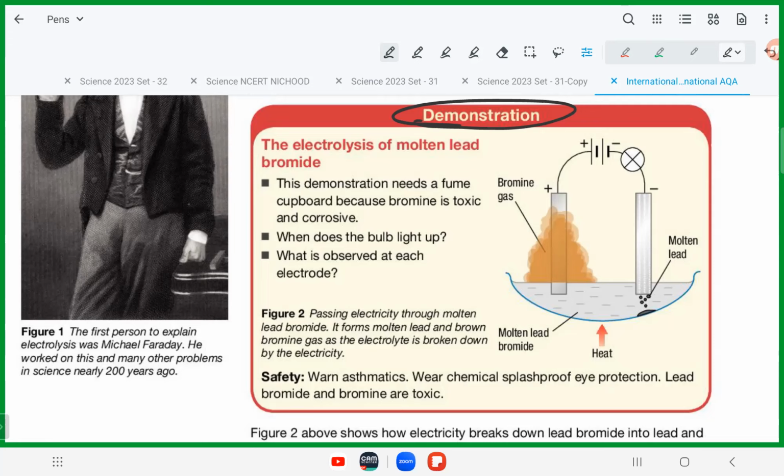This demonstration needs a fume cupboard because bromine is toxic and corrosive. When does the bulb light up? What is observed at each electrode? Passing electricity through molten lead bromide forms molten lead and brown bromine gas, as the electrolyte is broken down by electricity.